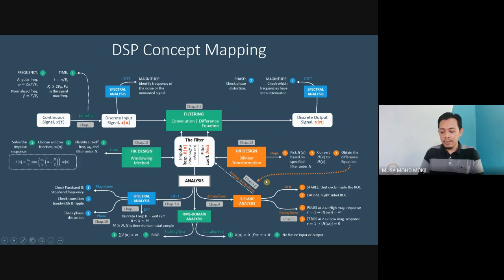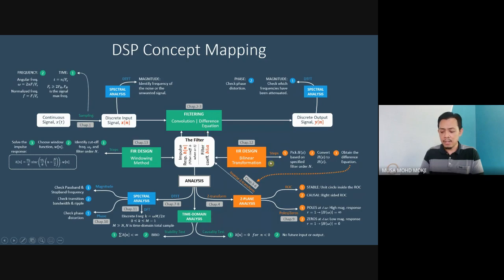And then later we will cover how to design the filter, because so far what we do is we just assume that we have the filter. We do analysis on the filter. Okay, so you have inputs, you have the filter, you know what to do, how to get Yn, which is do the convolution. Or if it is IIR, you have no option on doing convolution, you should solve the difference equation. Okay, so far we have done that.